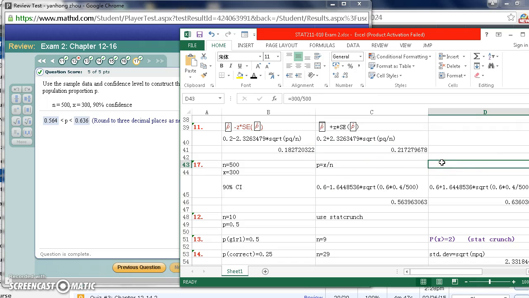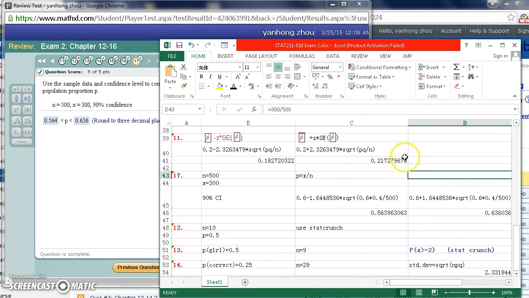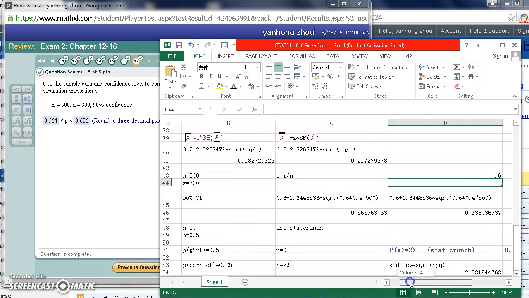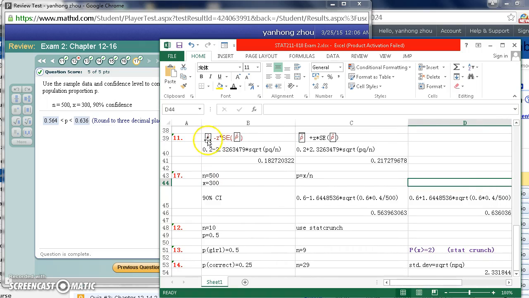So I get 300 over 500, so 0.6. So the p hat is 0.6, minus z. Because it's a 90% interval, the z will be different from the previous number.